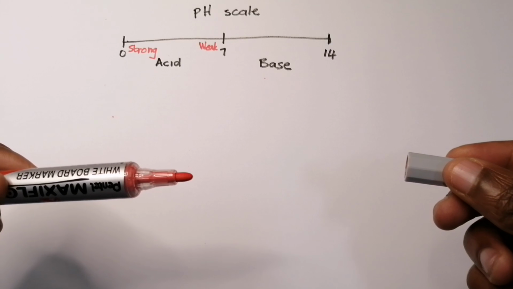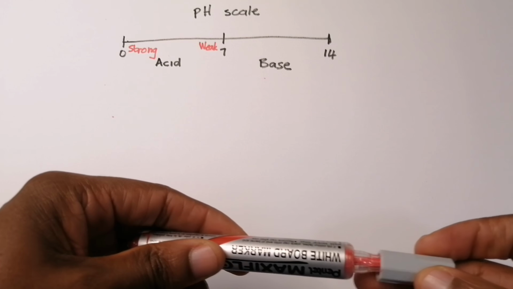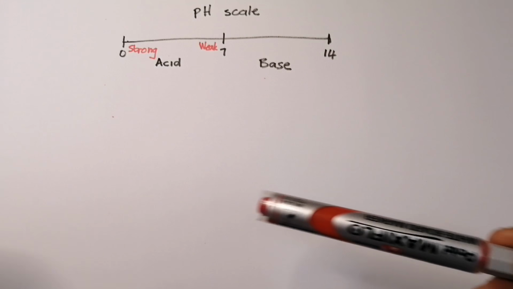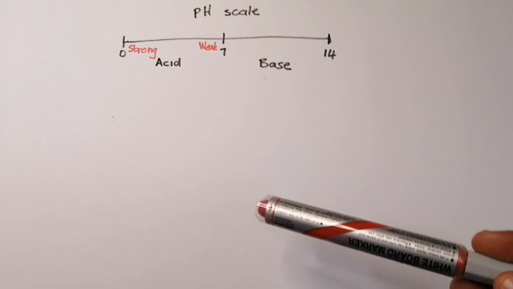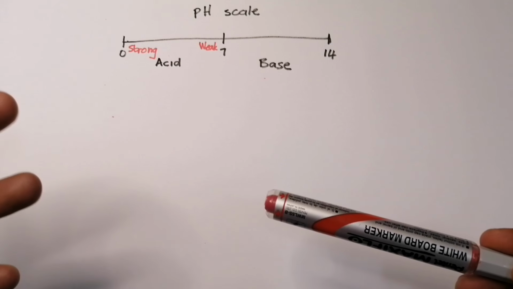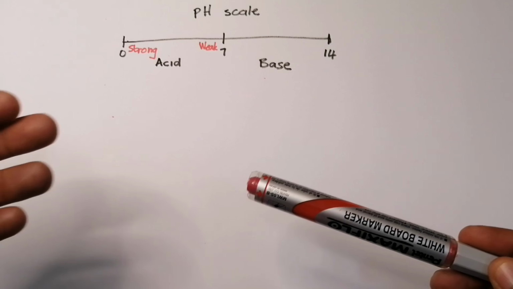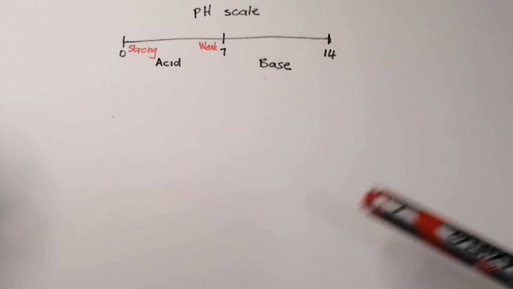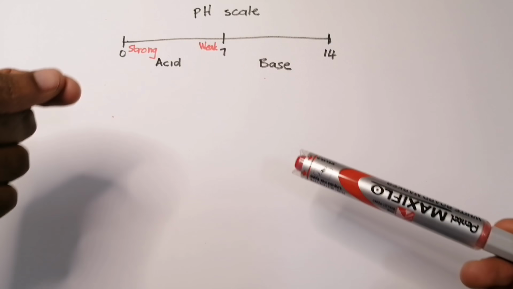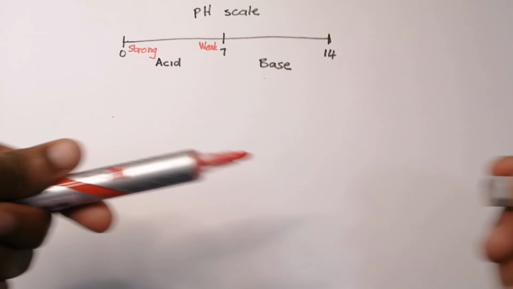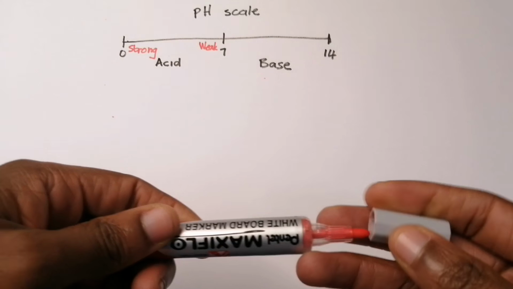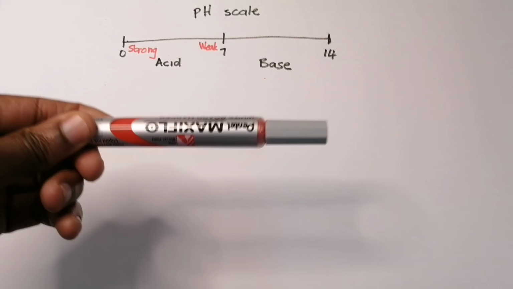Are you with me? But if you've got a weak acid, let's say 10 moles of them, you find that out of the 10, only 3 moles, I'm just making an example, were able to break down. The rest prefer to stay as they are.